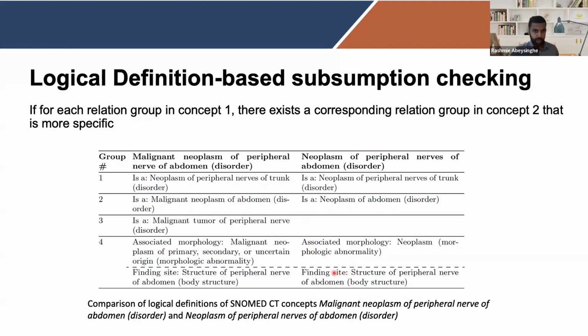Likewise, in this attribute group, this one has the same relation, associated morphology, while neoplasm is actually an ancestor of this malignant neoplasm of primary, secondary, or uncertain origin, which makes this attribute value pair more specific than this one. These two are the same as well, the final two attribute value pairs. So this makes the second concept more general than the first concept based on their logical definitions.